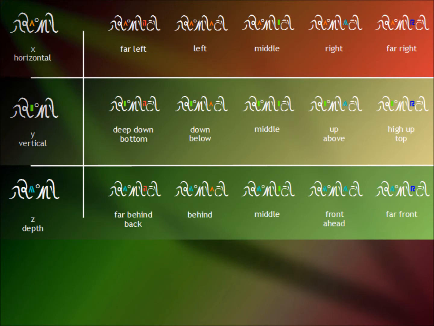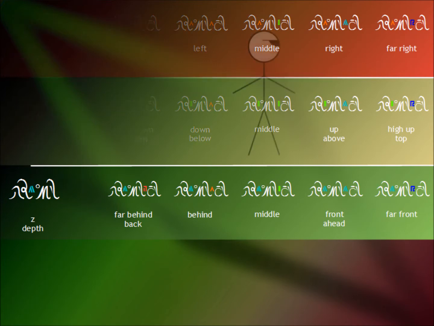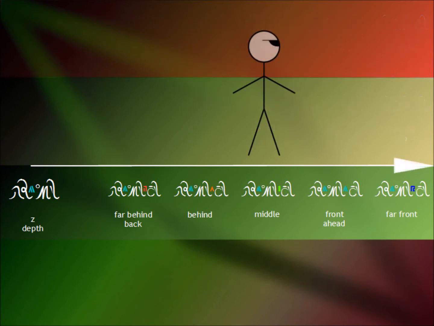For the z-axis, you should imagine that when you're talking, you're standing at the position of anida era. Everything that is in front of you or ahead of you is anida ira and anida ora. Everything behind you is anida aira and anida ara.